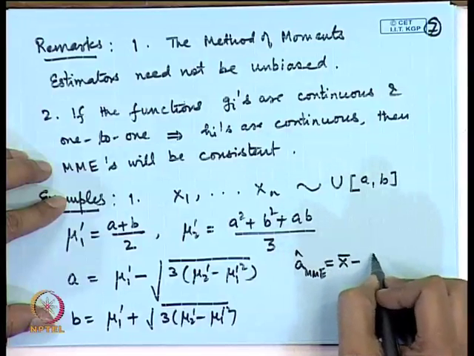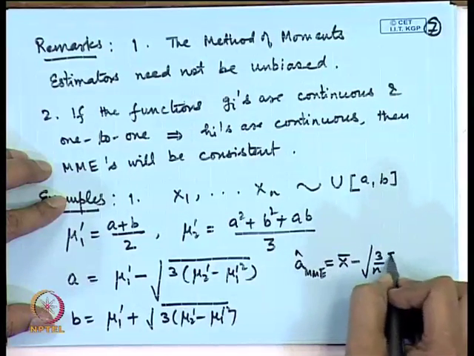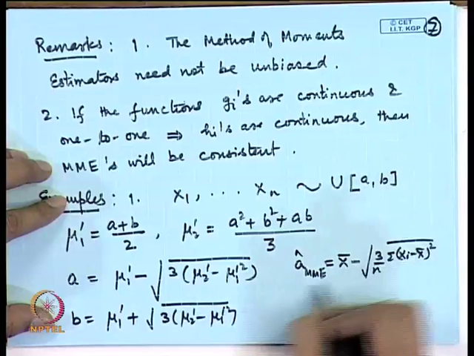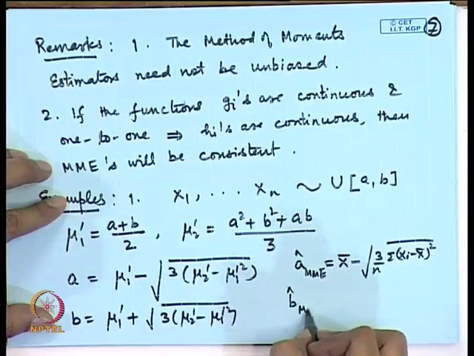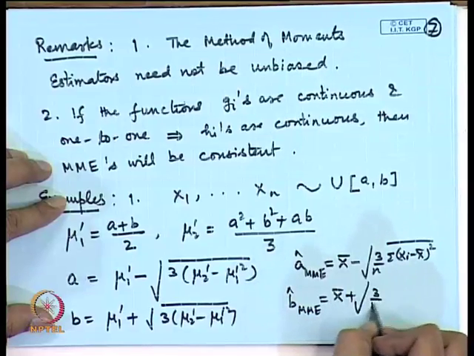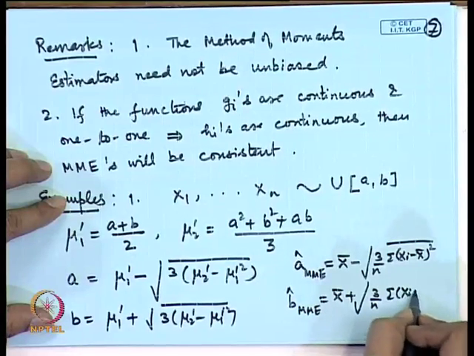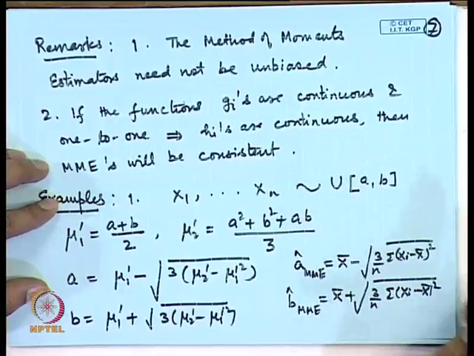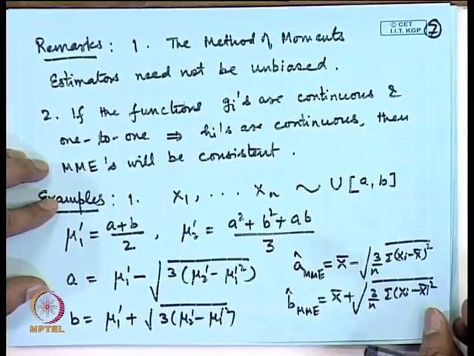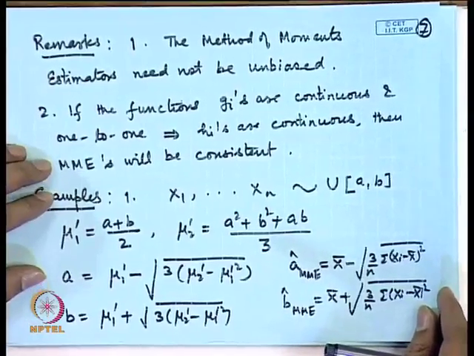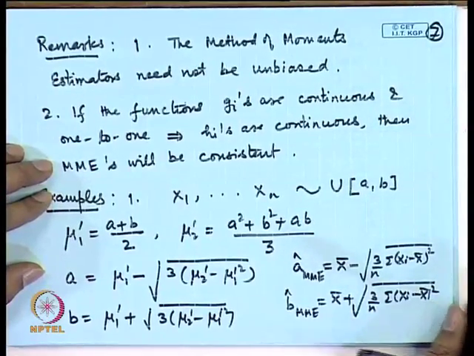a hat MME is x bar minus square root of 3 by n sigma (x i minus x bar) square, and b hat MME as x bar plus square root of 3 by n sigma (x i minus x bar) square. In this particular case, we may see that these estimators may be consistent.